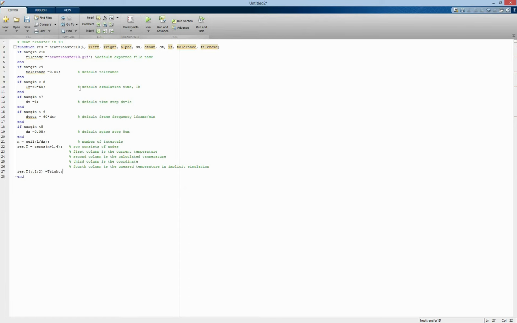Now we get the temperature of all nodes. The temperature at the right hand side is the environmental temperature. And the temperature on the left hand side is T left, which is the heated temperature.